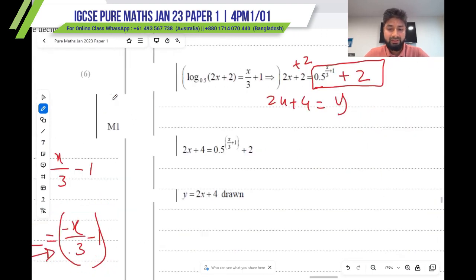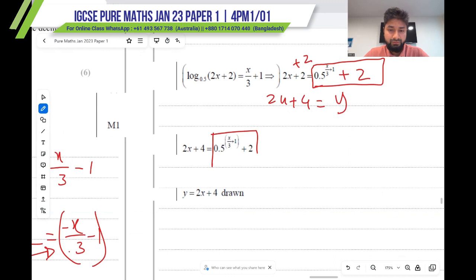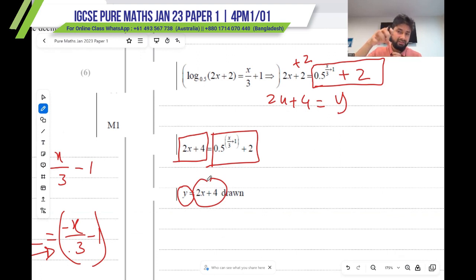So now you can see, instead of all of these, they have written y over here, and we are left with 2x + 4. That's how we have extracted the main equation from the given equation. And we are left with a linear equation.